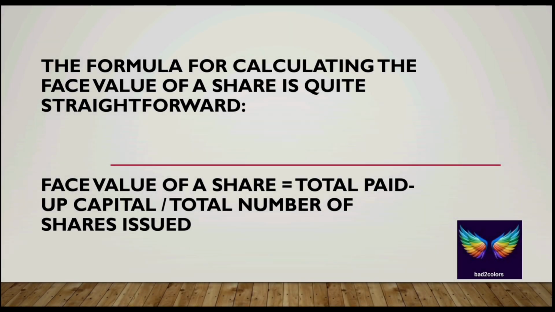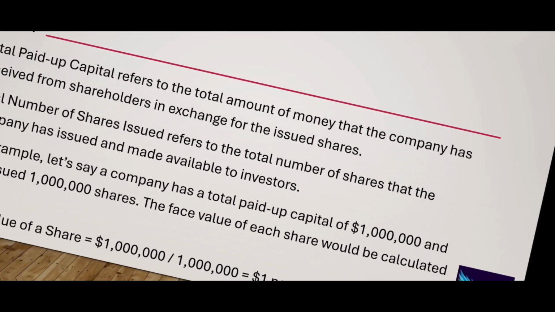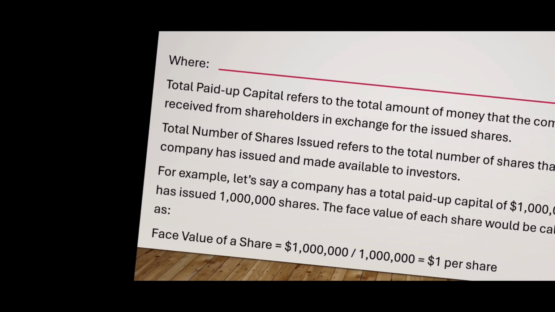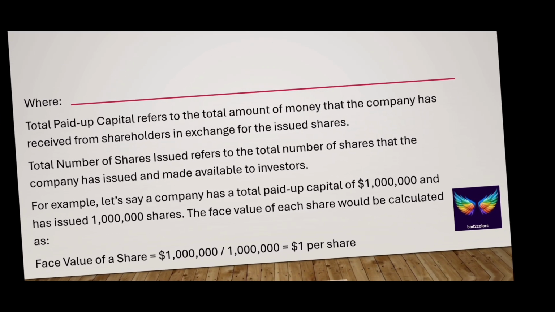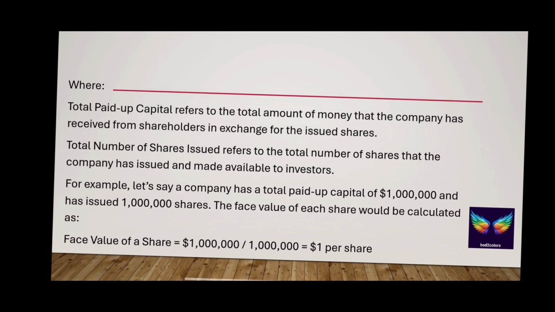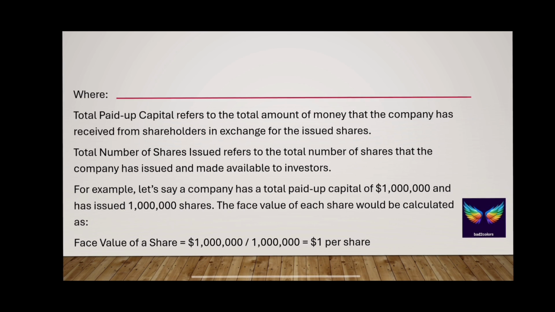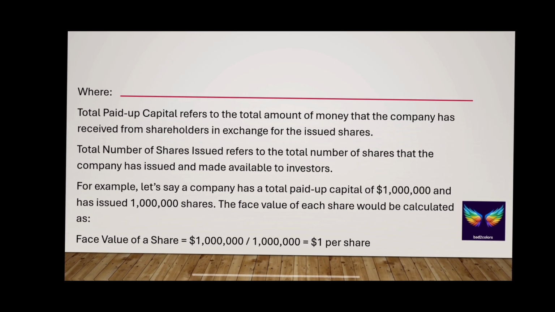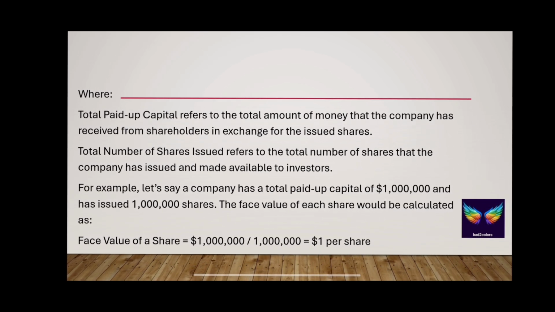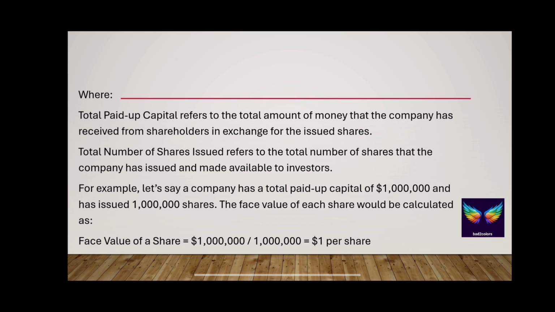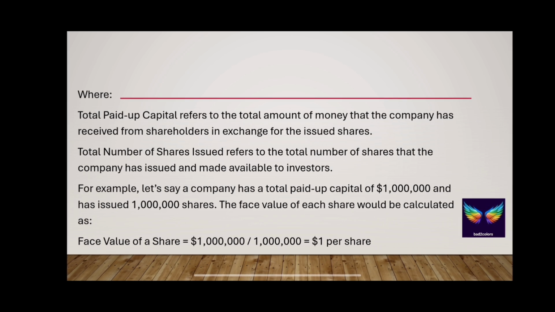Face value of a share equals total paid up capital divided by the total number of shares issued, whereas total paid up capital refers to the total amount of money that the company has received from shareholders in exchange for the issued shares. Total number of shares issued refers to the total number of shares that the company has issued and made available to investors.